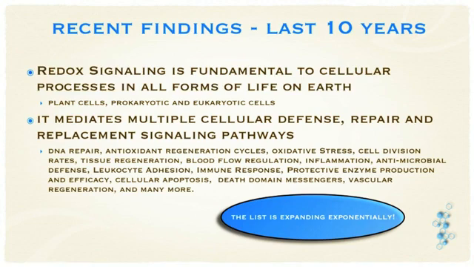Some of those are listed here, from cell division rates to tissue regeneration to vascular regeneration, inflammation, antimicrobial defenses, leukocyte adhesion. All of these involve redox signaling biochemistry. This list is growing and expanding exponentially. And today, there are well over 100 original scientific articles published newly every single month. It's an incredibly fast-growing field of science.